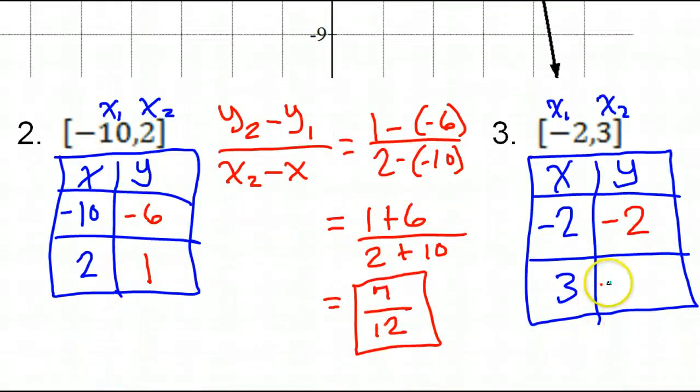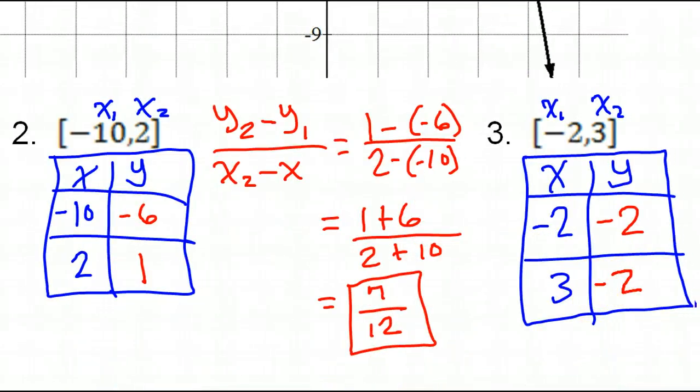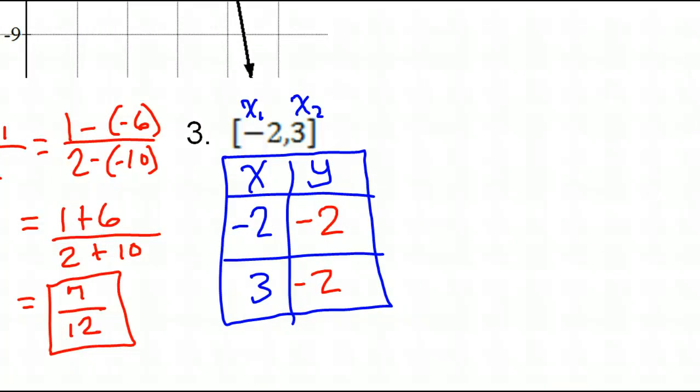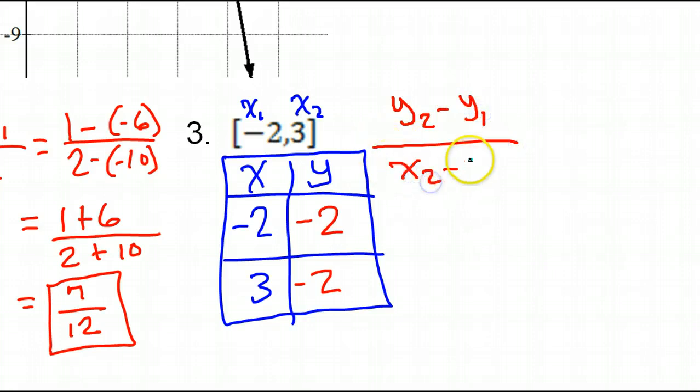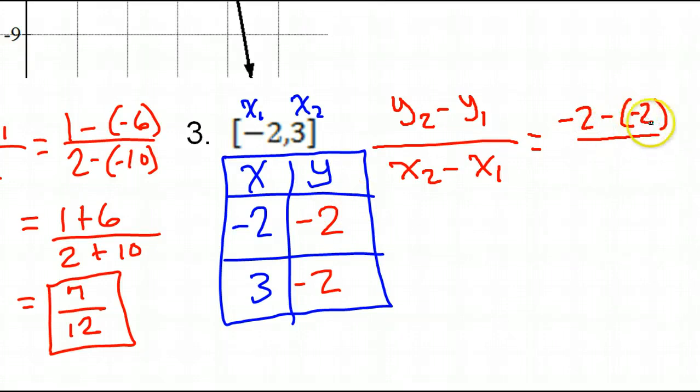Now, if you were going to blindly do the calculations, you should come up with the same answer. So once again, here we go. y2 minus y1 over x2 minus x1. Now, both y2 and y1 are the same number. So we've got negative 2 minus negative 2. Put that second negative 2 in parentheses. And then we've got 3 minus negative 2.